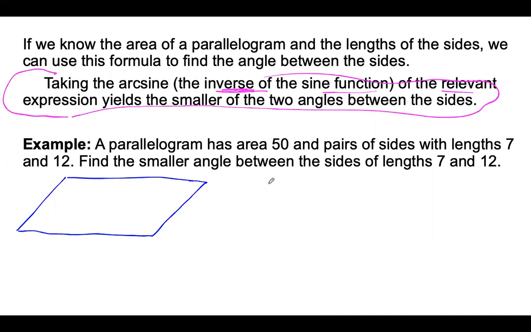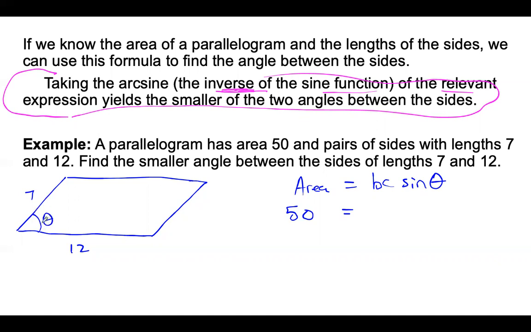So we know the formula is area is equal to BC times sine of theta. And our area here is 50. Our base here is 12. And our length here is 7. Find the smaller angle between these sides, between 12 and 7. So find this angle.